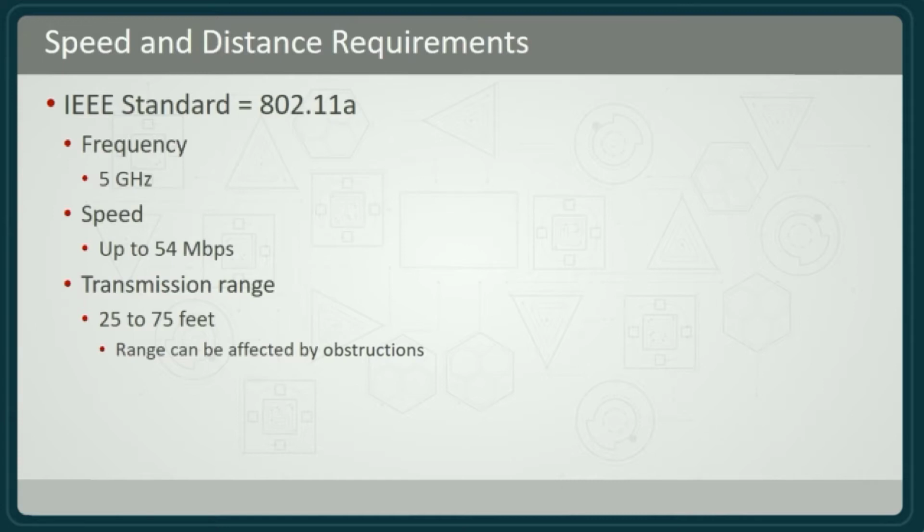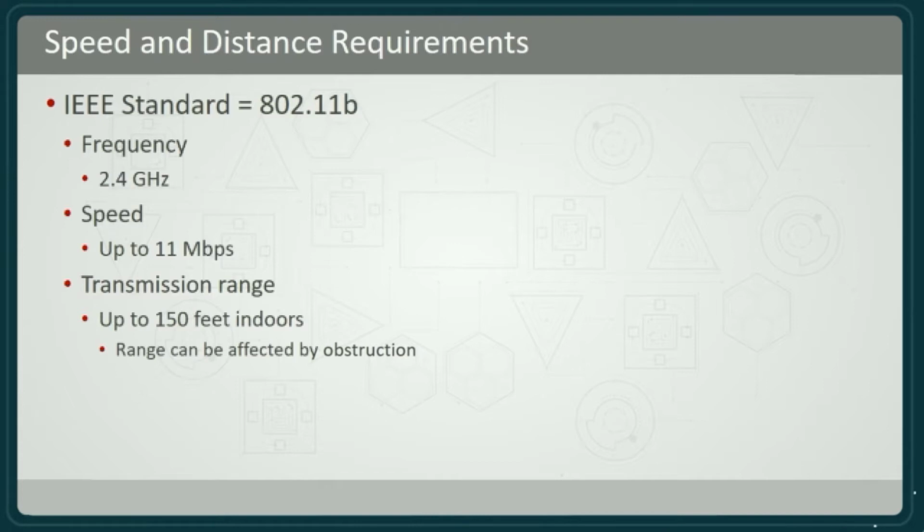Now, that's true of any radio communications. The more obstructions and the larger they are, then the less you will receive that signal. But recall that 5 gigahertz frequencies were more easily affected by obstructions than were the 2.4 gigahertz frequencies.